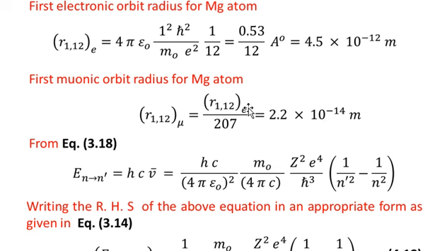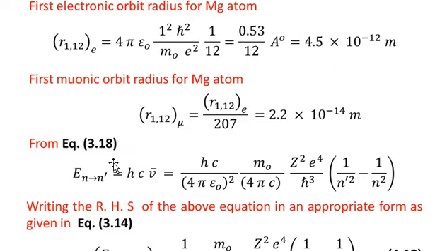So you can see that the muonic magnesium atom has a much reduced radius in comparison with the magnesium electronic orbit. I have compared the first orbit of the muonic magnesium atom with that of the electronic magnesium atom.